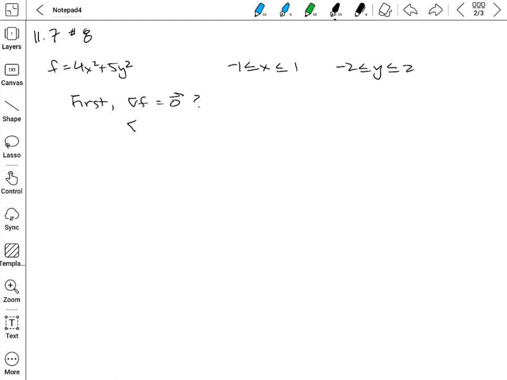So my gradient is going to be (8x, 10y), and I want that equal to (0, 0). And the only time I can have that happen is at the point (0, 0). So I need x equals 0 to make the first component 0, and I need y equals 0 to make the second component 0. This is easier than a lot of the critical point problems that we saw earlier in these sections.